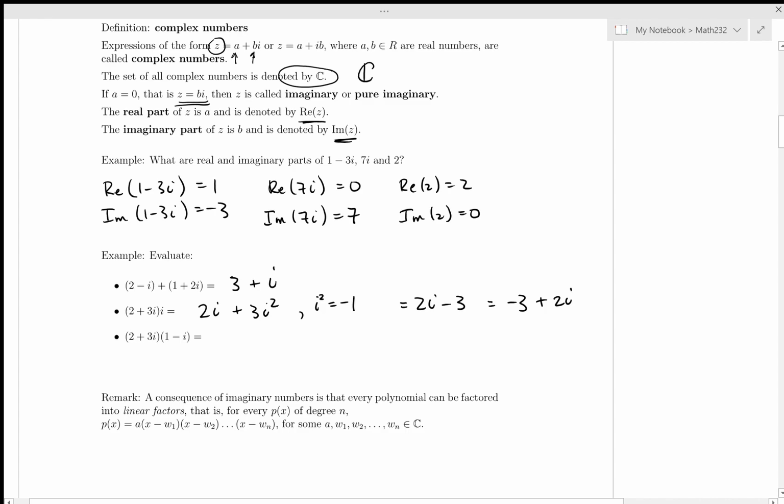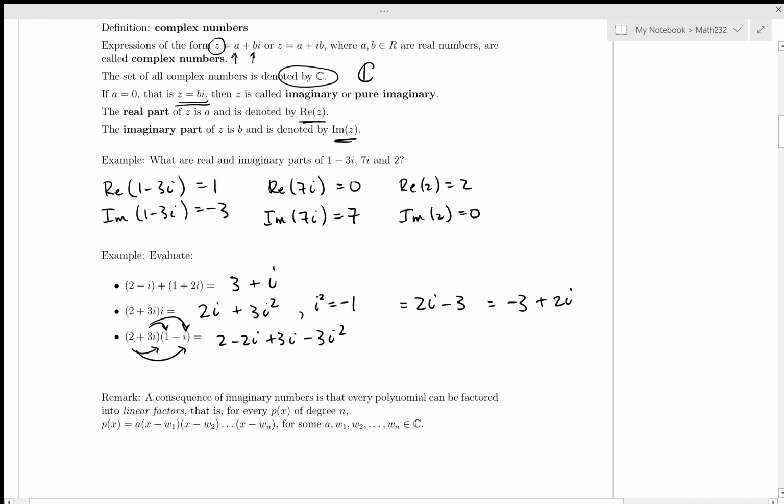And then if we're going to multiply two complex numbers together, like in this third example, we're going to distribute just like the way that you're used to doing it. We would go 2 times 1 is 2, 2 times minus i is minus 2i, 3i times 1 is plus 3i, and 3i times minus i is minus 3i squared.